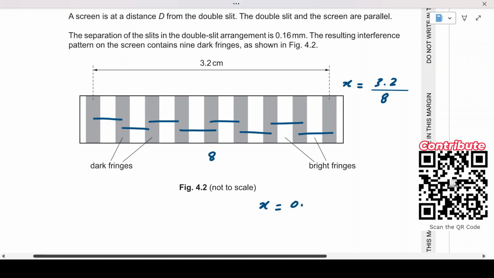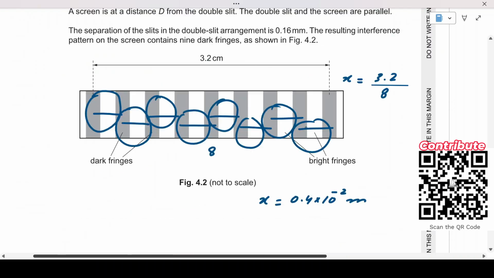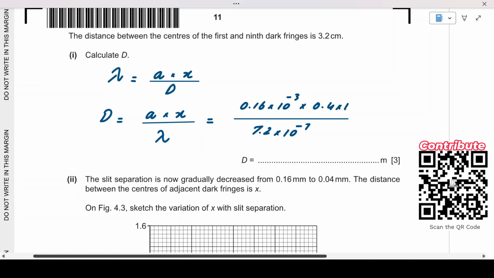So 0.4 into 10 raised to the power minus 2 meters. So we get 0.8888 recurring. So the answer in 2SF will be 0.89.